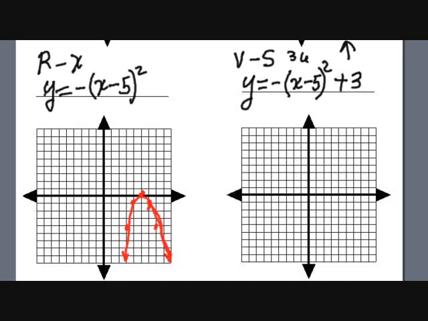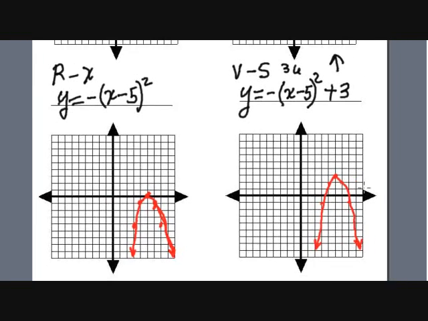Okay, now finally our graph looks like that. So now the new vertex is located at 1, 2, 3, 4, 5, 1, 2, 3 here. This is the new vertex. And of course my parabola opens down. 2, 3, 4 here plus. Okay, and this is the final graph.